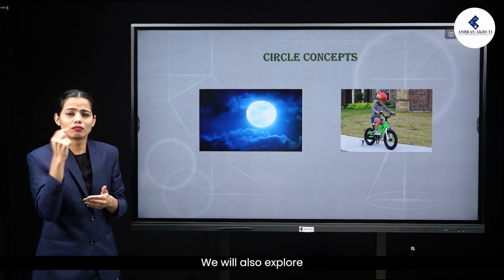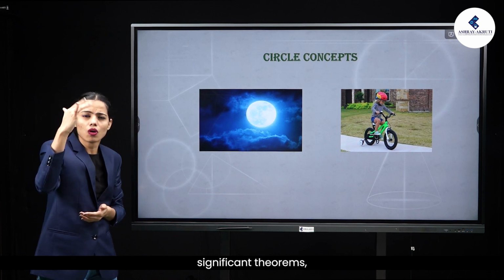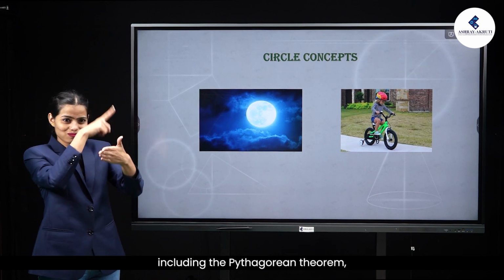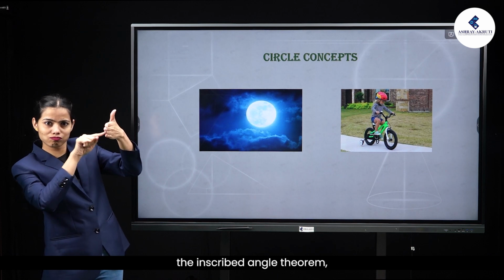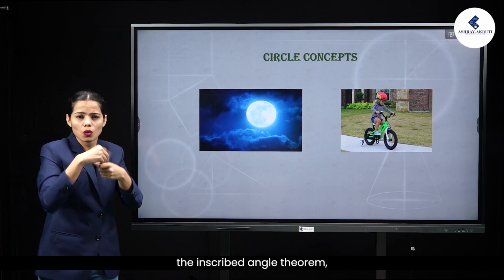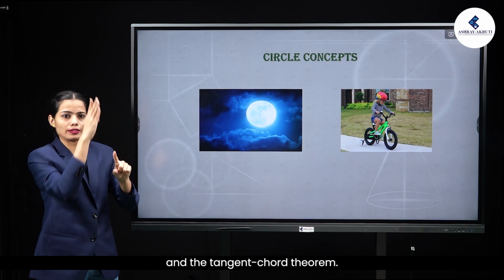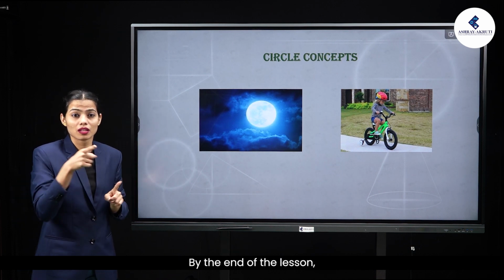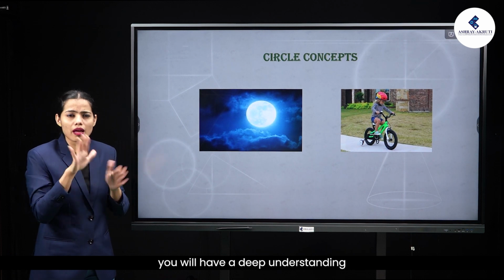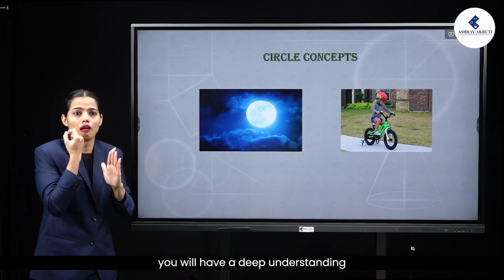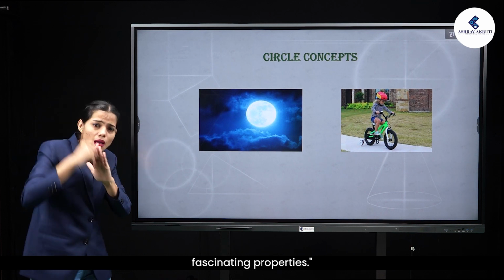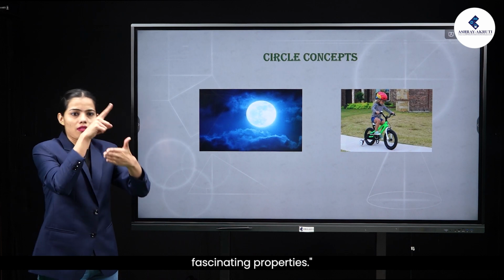We will also explore significant theorems including the Pythagorean theorem, the inscribed angle theorem, and the tangent chord theorem. By the end of the lesson, you will have a deep understanding of circles and their fascinating properties.